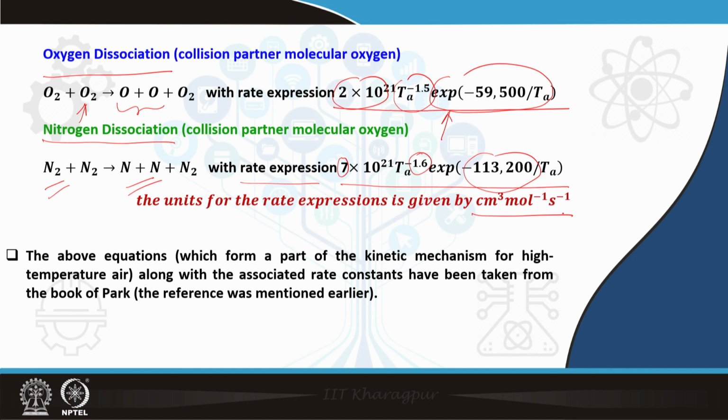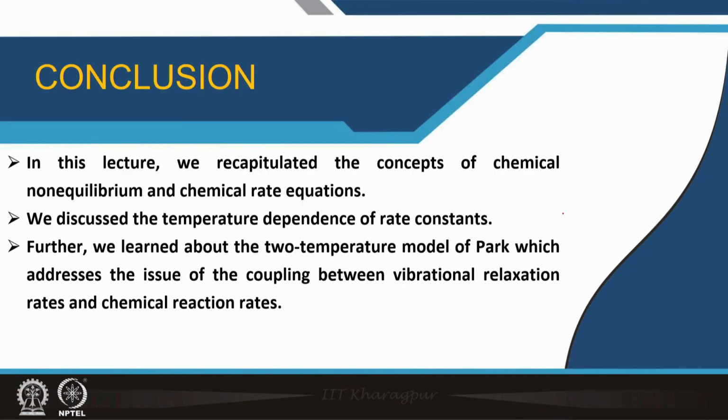The above equations, which form a part of the kinetic mechanism for high temperature air, along with the associated rate constants, have been taken from the book of Park. We have mentioned that reference in an earlier slide, so please have a careful look at that.